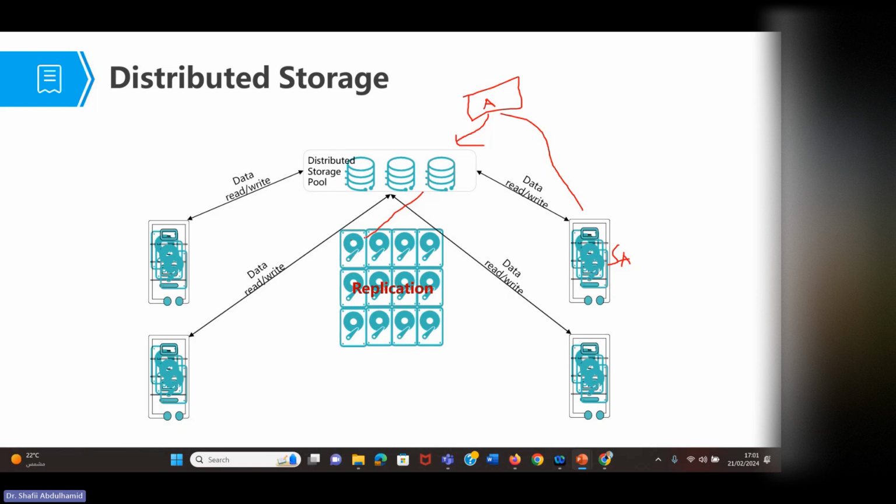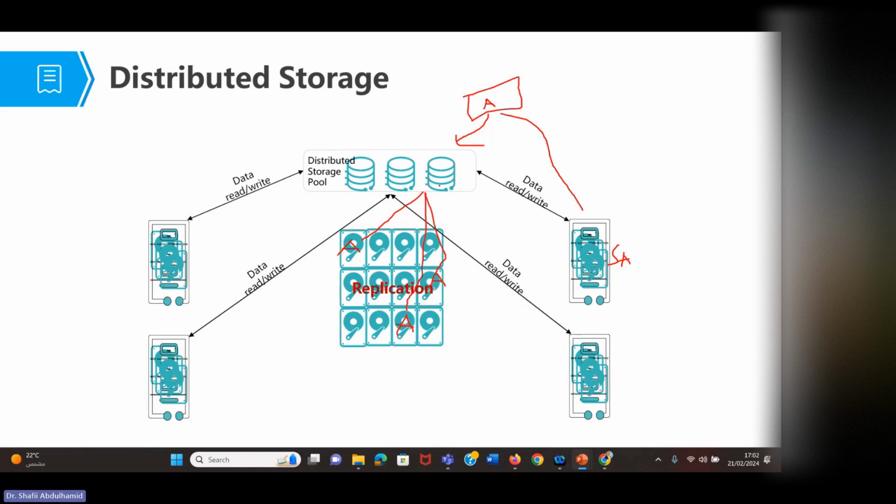File A will be replicated and it will be stored on one device, and it will be stored here also in another device, and in another physical device here.